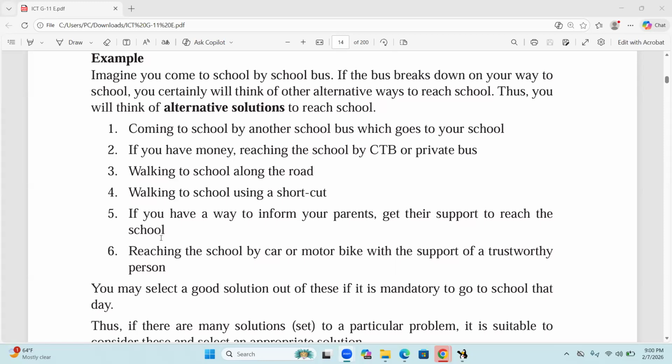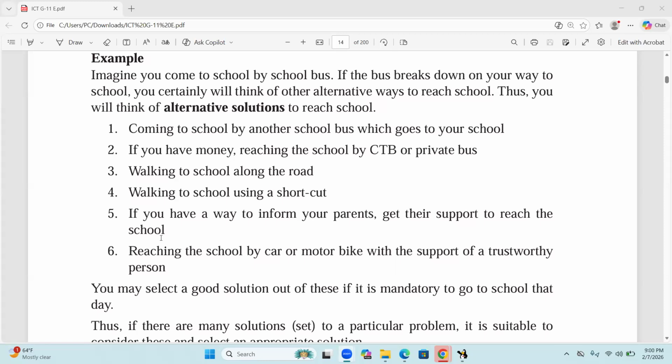So the first one, coming to school by another school bus. It's possible, no? If you have money, reaching the school by CTB or private bus or in other vehicles.